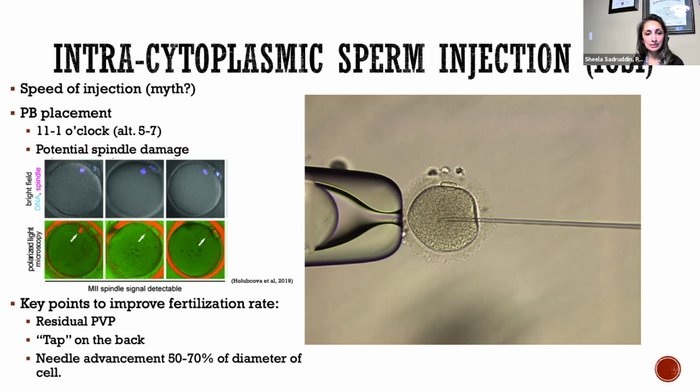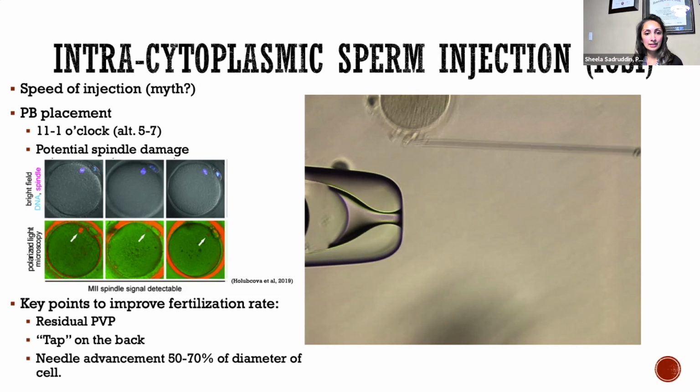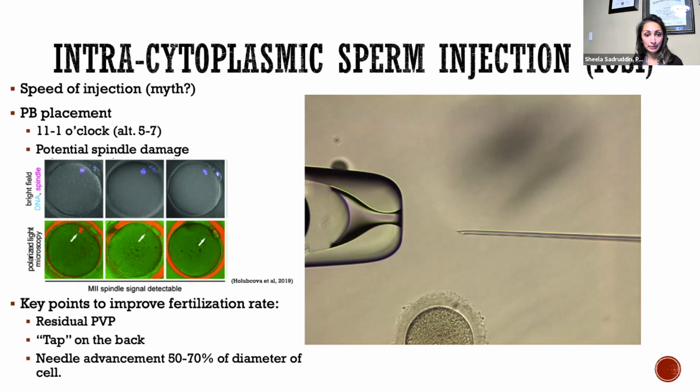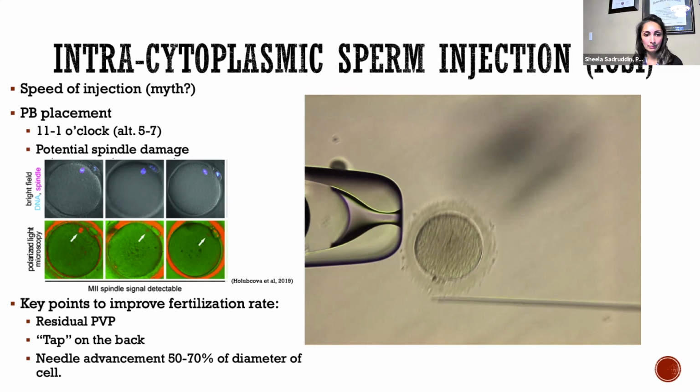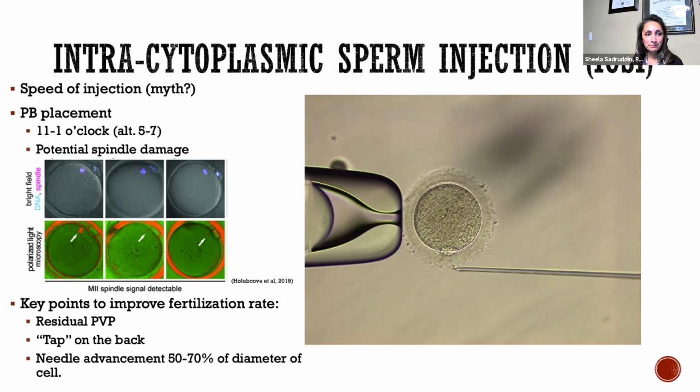And so we don't want to damage that spindle, because it's responsible for proper segregation of the chromosomes, and then of course later cell divisions. So that is the primary reason to place the polar body where it's recommended, because we certainly want to avoid any damage.